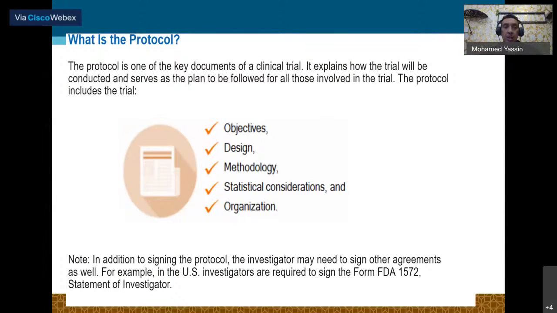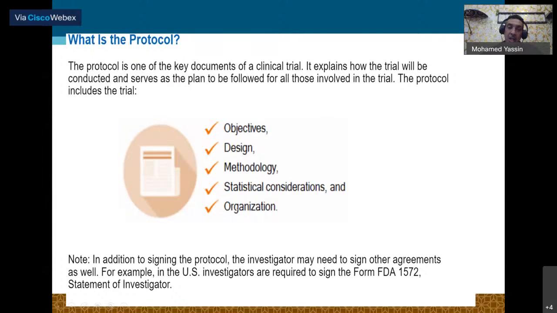When we talk about a protocol, it is one of the key documents in a clinical trial, and it explains how the trial will be conducted, and it serves as a plan to be followed by all those involved in the trial. The protocol usually consists of an objective or rationale of the trial, why the trial is done and what the primary or secondary objectives are, the design of the clinical trial, the methodology, how the clinical trial will be conducted, statistical considerations, and organizations.